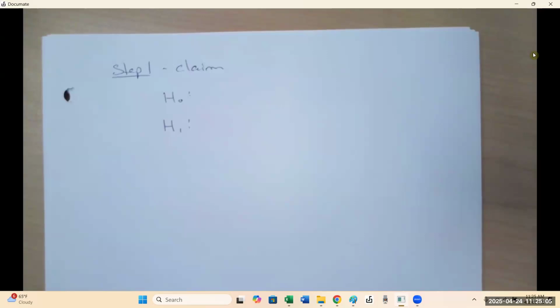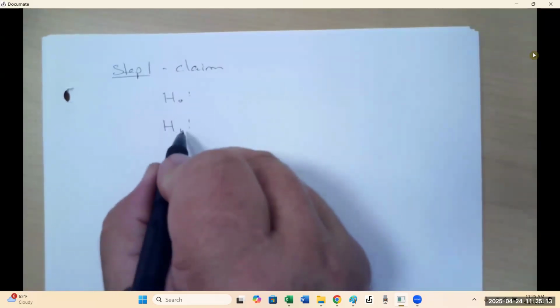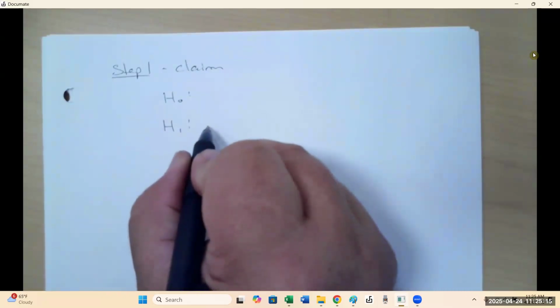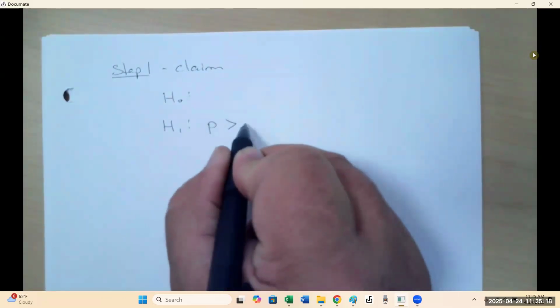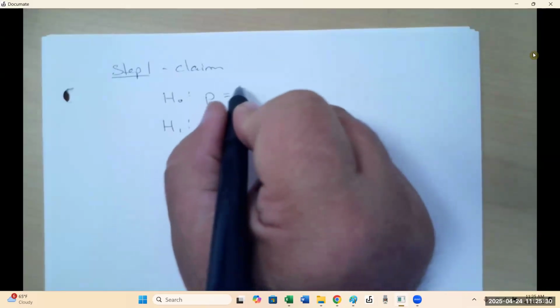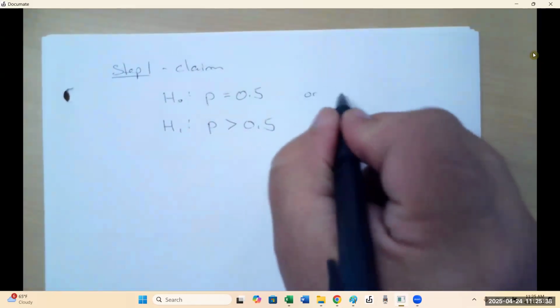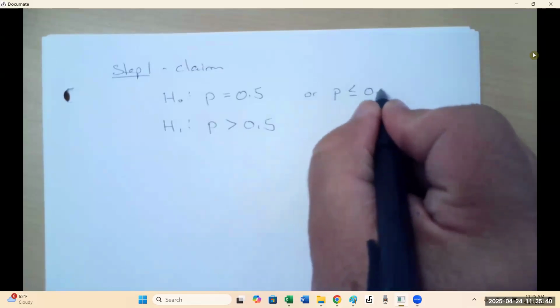Which one does not have an equal sign in it? H1. So this one says p is greater than 0.5. The null hypothesis is we're saying less than or equal to 0.5.